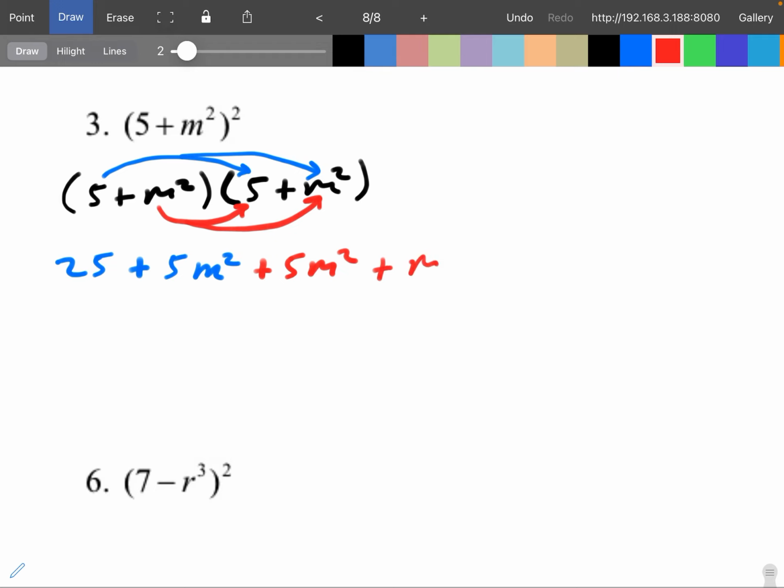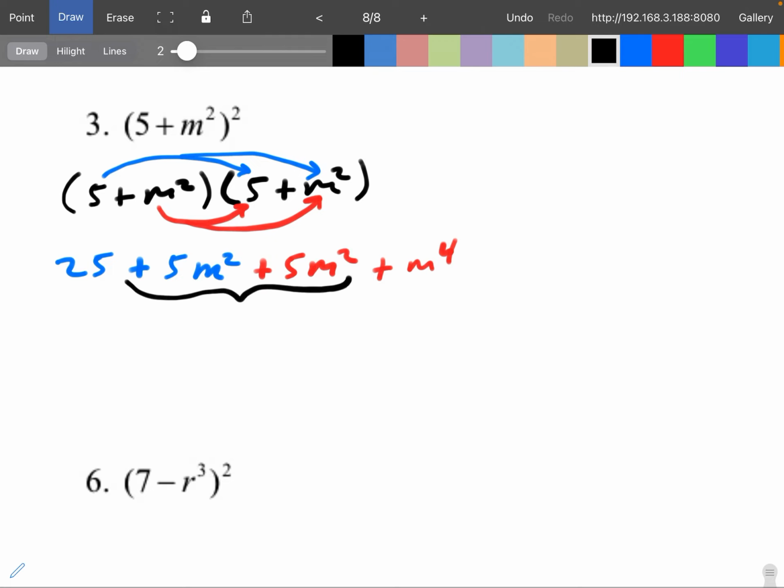Well, that's going to be a positive, what? M to the what? Who said that? Sydney? That's good. Yes, m to the fourth. If you do m squared times m squared, you have to add the powers, right? So it's m to the fourth.